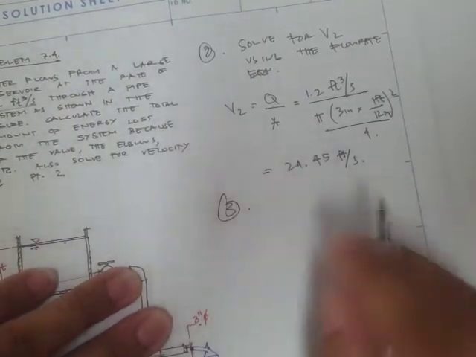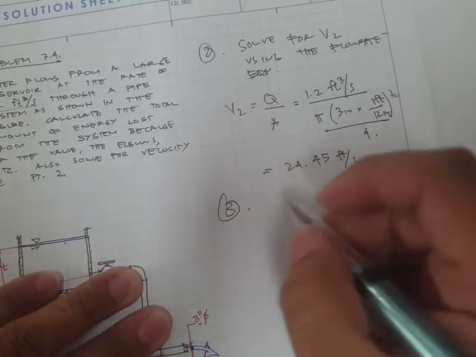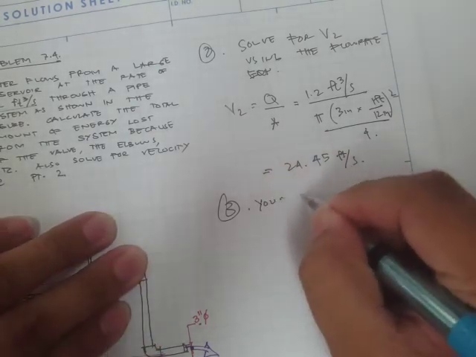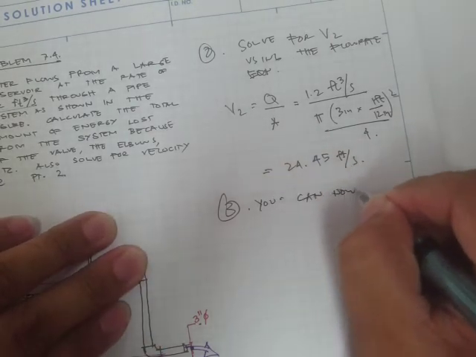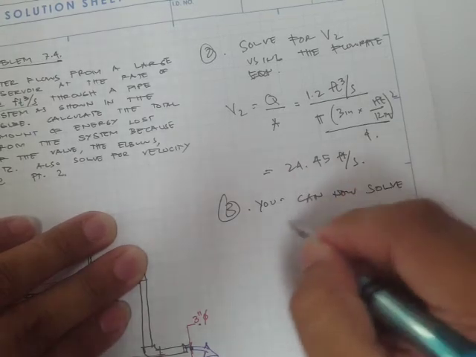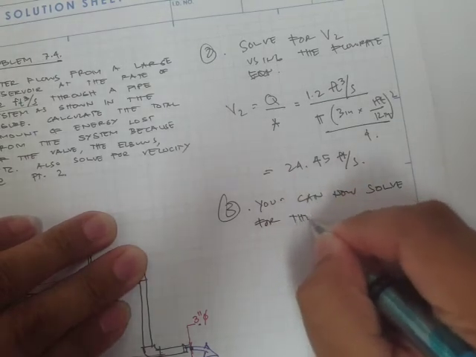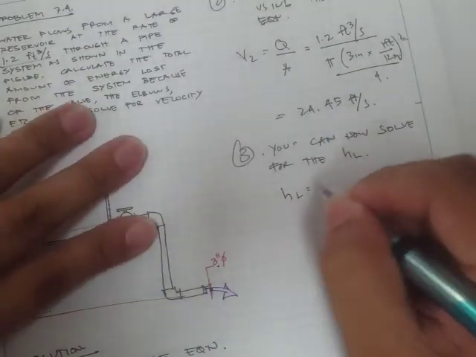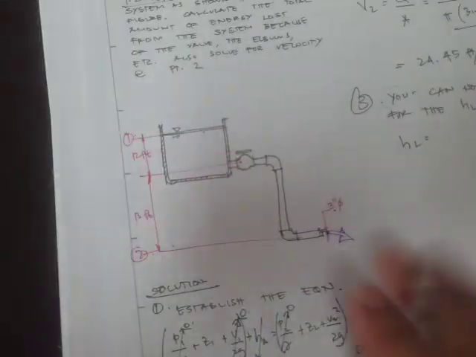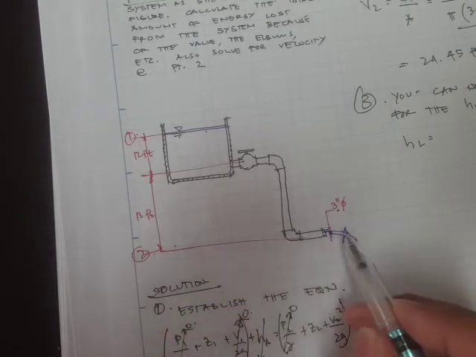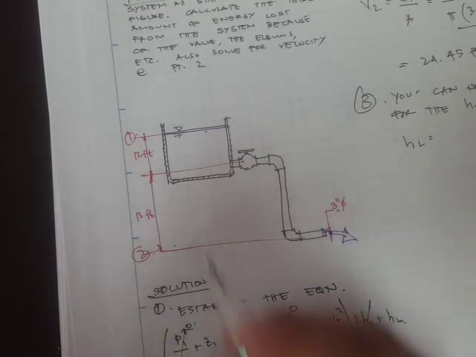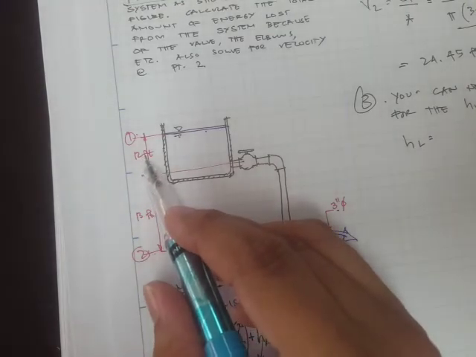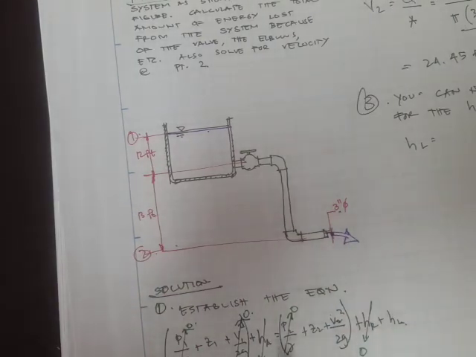Okay, now since you have the velocity, you can now solve for the head loss, the H sub L. So H sub L is just equal to Z1 minus Z2. This is our reference point, so that delta Z is simply 25, right?